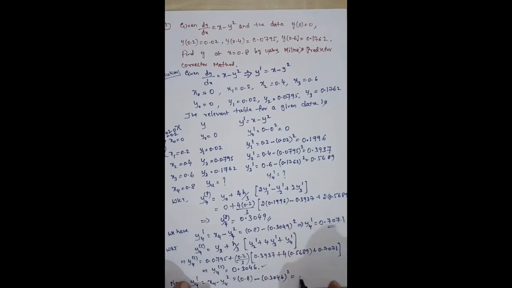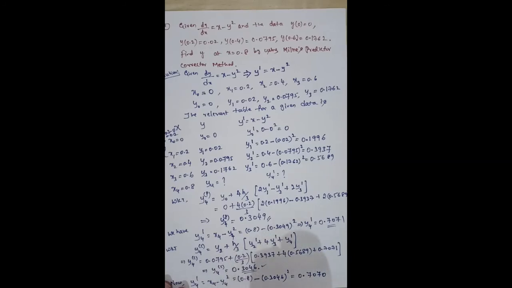So simplify this, we get 0.7070. So this is the value of y4 dash we get. So it is almost same. So once we get this y4 dash, substitute again in this corrector formula and calculate, you are going to get the same answer here. And that will be the final solution of the problem.